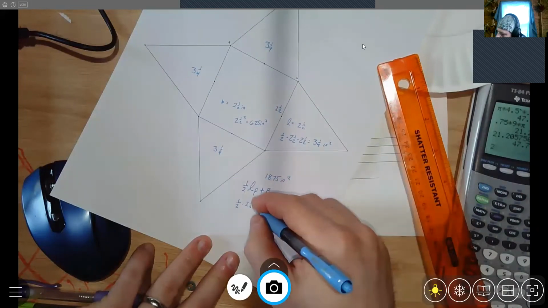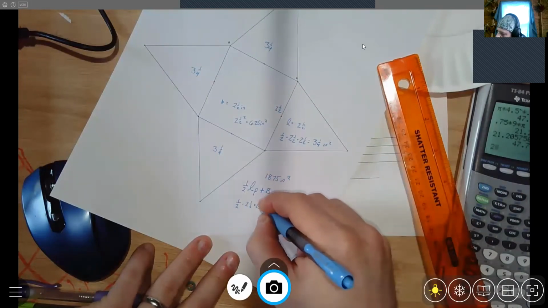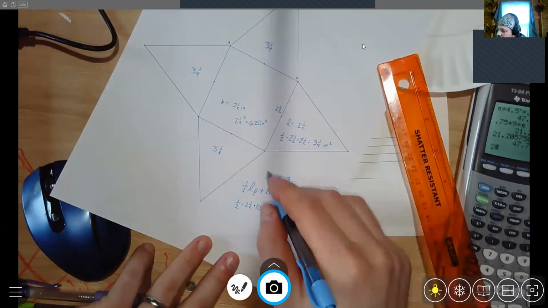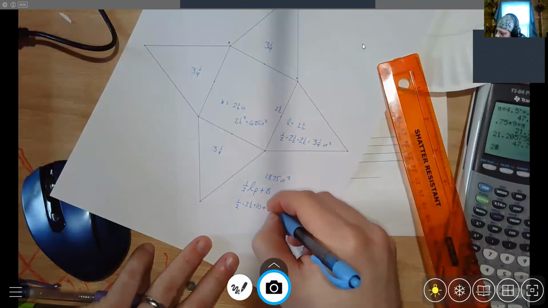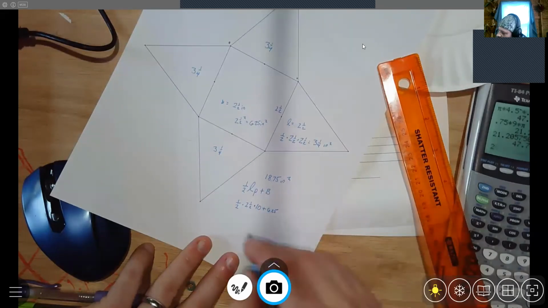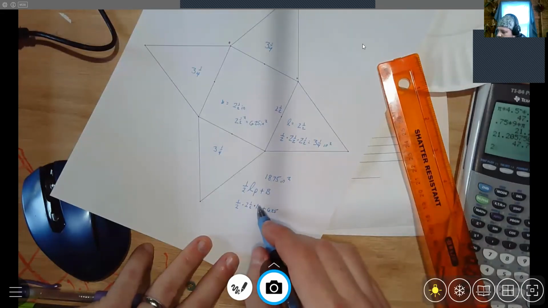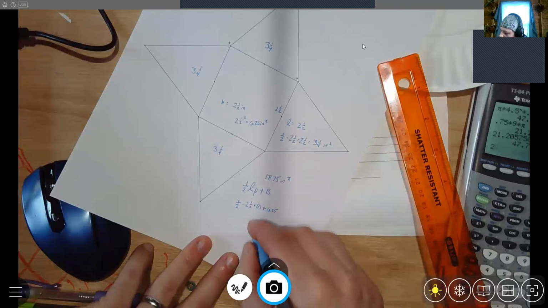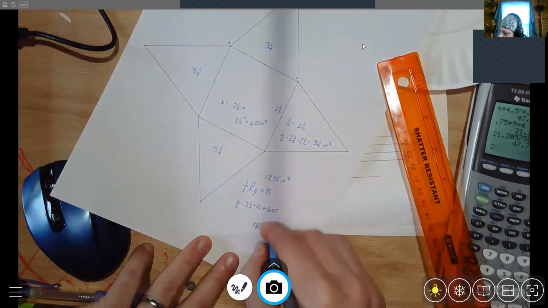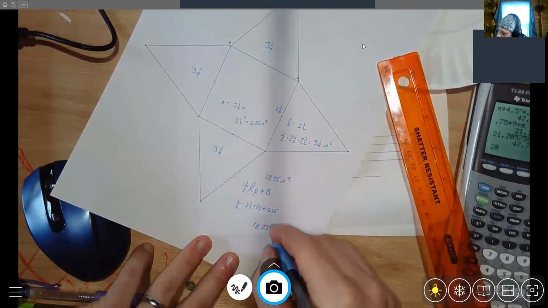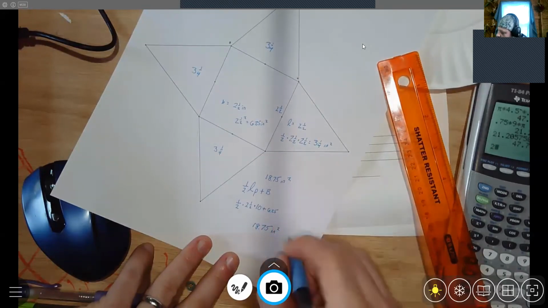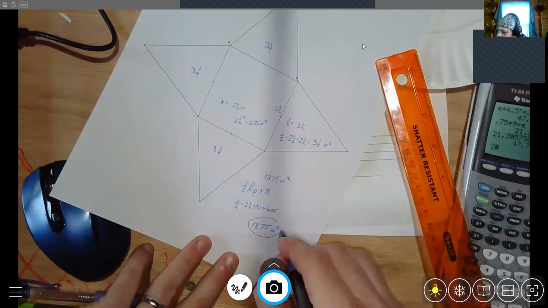That's 10. So times 10 plus the area of the base, which is 6.25. What do we get? So half of 10 is 5. 5 times 2.5 is 12.5. 18.75. You can check my math if you want. So we end up with the same answer.